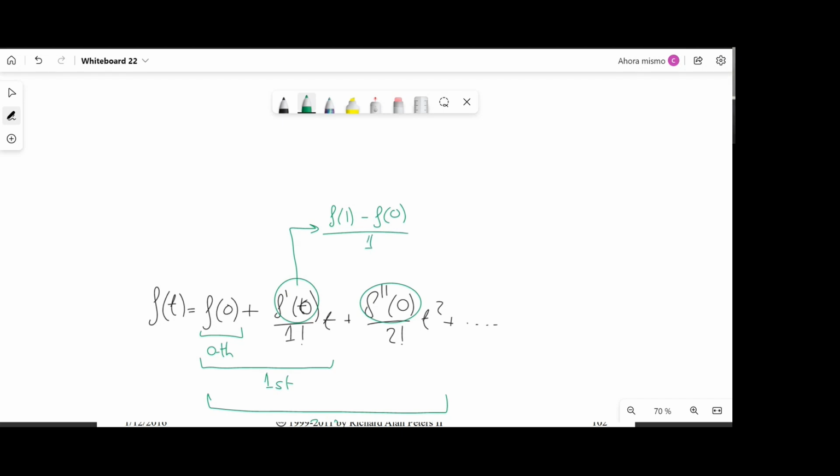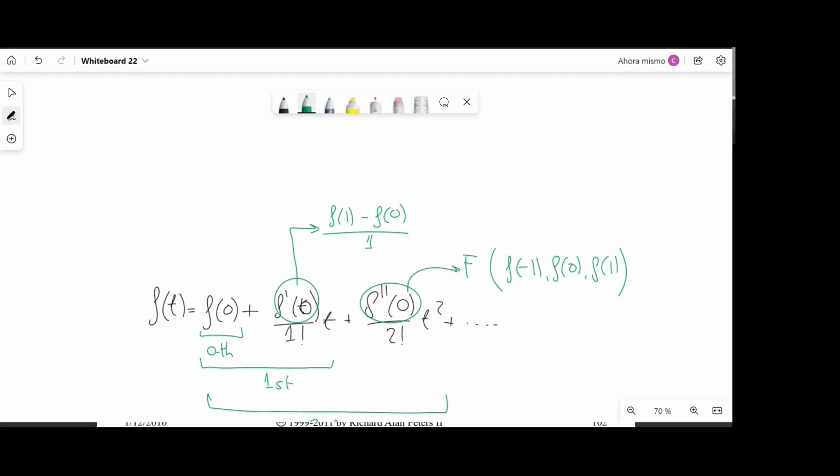And then let's say that I want to estimate the second derivative. I have to go a little bit further. I will not write the exact formula, but it will be a function of f of minus 1, f of 0, f of 1.